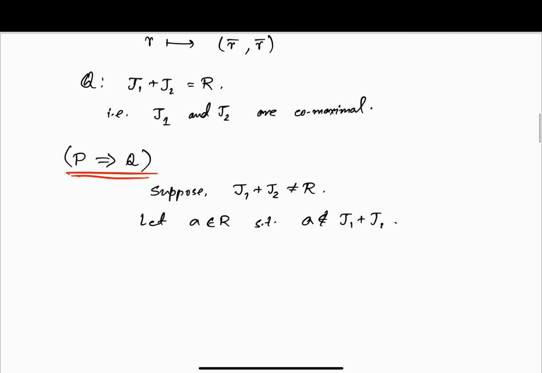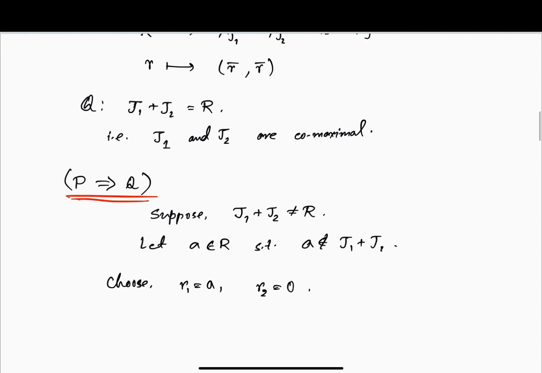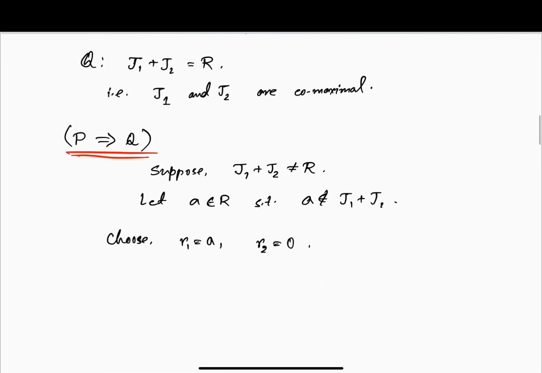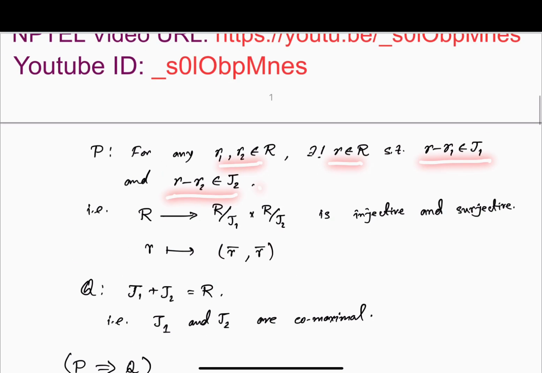Now we will choose these two elements: R1 equals A and R2 equals 0. What P is saying is that for any R1 and R2, you will find a unique R such that R minus R1 is in J1 and R minus R2 is in J2. So let's apply this.